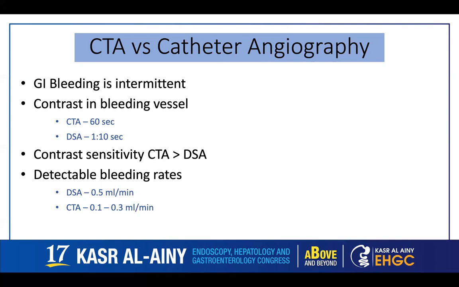We should also know that the contrast in the bleeding vessels on CT angiography takes only 60 seconds, so the patient should be bleeding at this time, while in DSA, we can diagnose the bleeding within 1 to 10 seconds. For bleeding rate, with DSA we can detect rates up to 0.5 millimeter per minute, while CT angiography is more sensitive, 0.1 to 0.3 millimeter per minute.